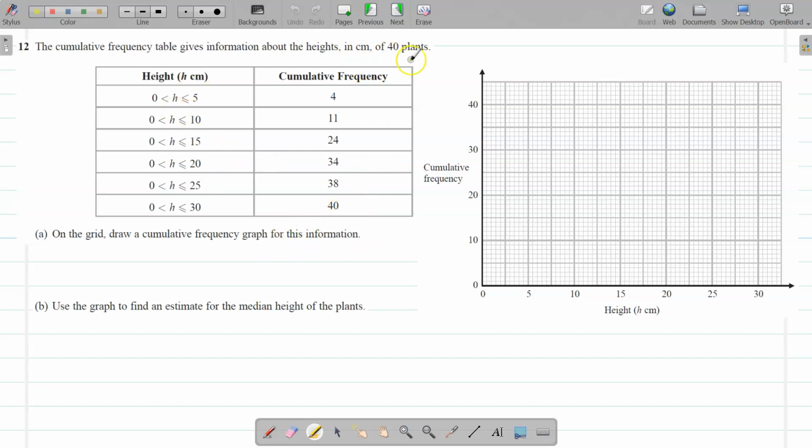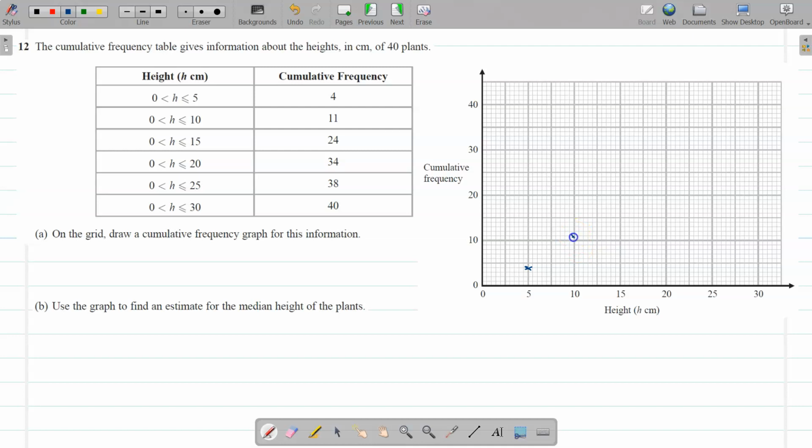Cumulative frequency graph, about 40 plants, the heights of them on the grid. Draw the cumulative frequency graph. Well, that's really straightforward. You've just got to remember the rules. They even give you the cumulative frequency, so you haven't got to work it out. So at the end point of this, we plot 4. Okay, and at the end point of this 10, we plot 11.